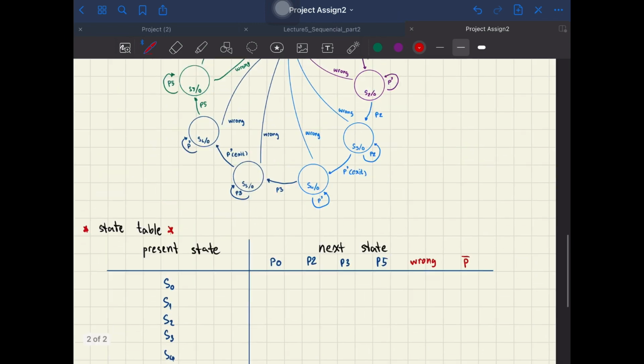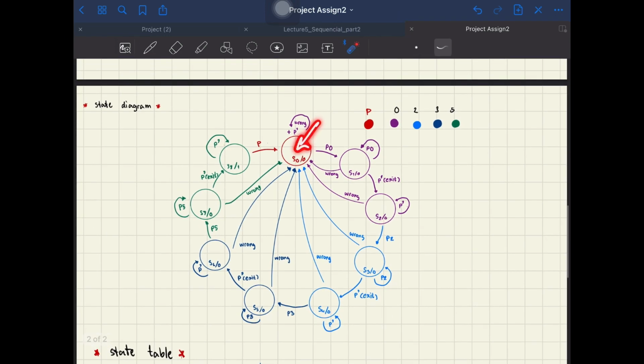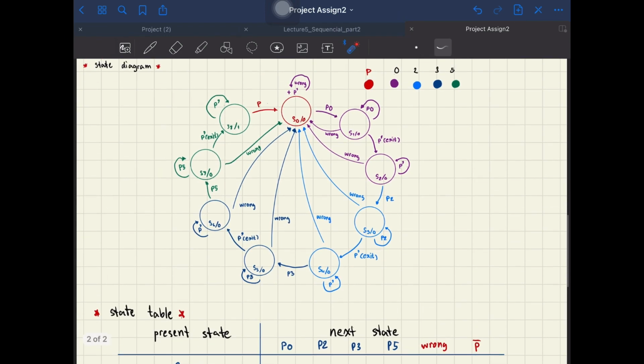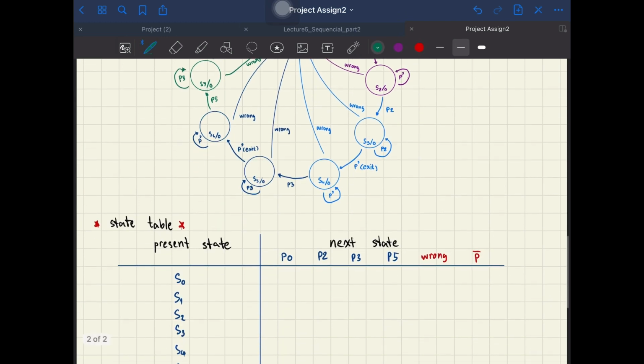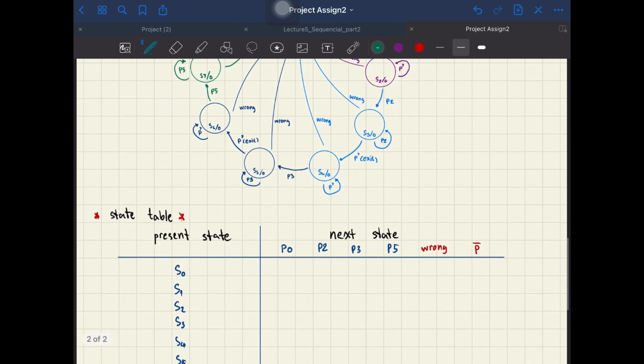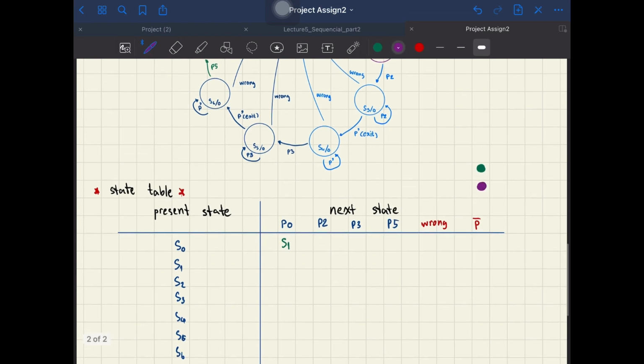In state 0, the thing that makes us go to state 1 is press 0, right? So I will write it in green color. Green color I use to represent that it has a transition, and purple I will use to represent that you do not have a transition.